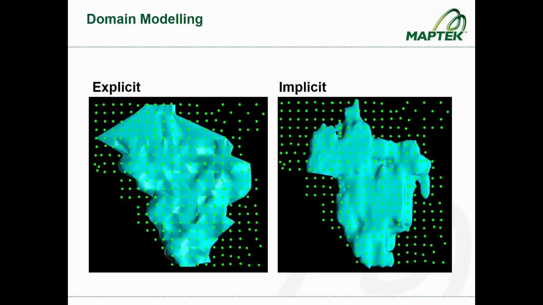Outside of the explicit option and the implicit option, we've got what I would call a hybrid option, where the user can digitize a handful of polygons just like you would if you're making an explicit model, but then you can feed those polygons into the implicit modeler and it will generate boundaries honoring your polygons.